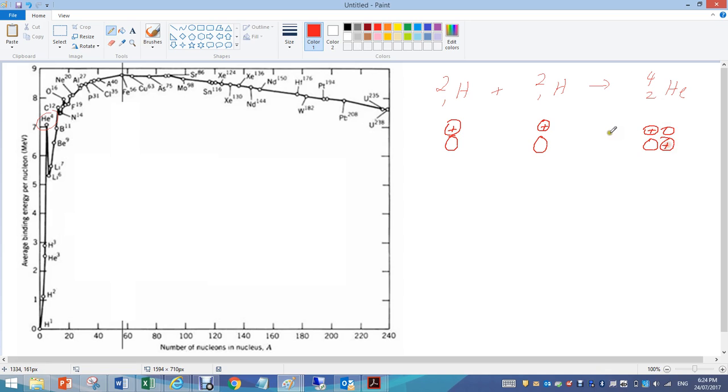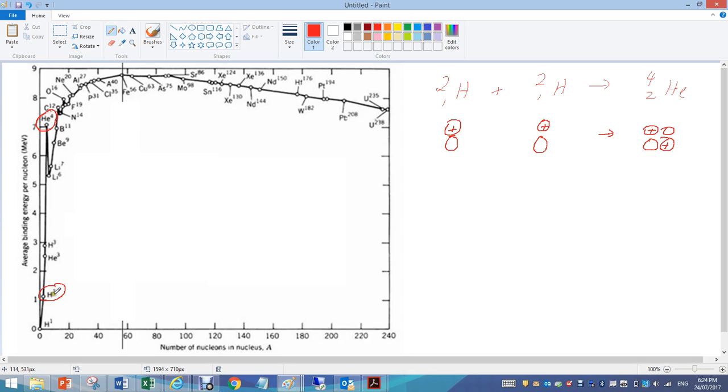So that's what's happening. Now I just told you before, forming a nucleus releases energy. So therefore, if we break these apart to then form this one, it's going to cost energy to do so. Here it is, hydrogen-2 and helium-4, that's what we're looking at. You're going to see that we release quite a bit of energy in this reaction.